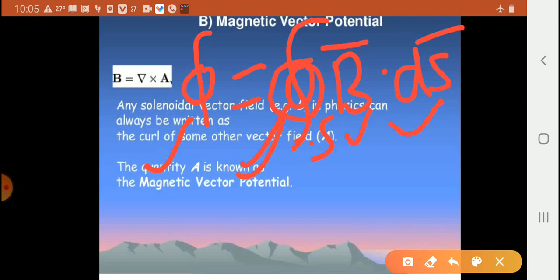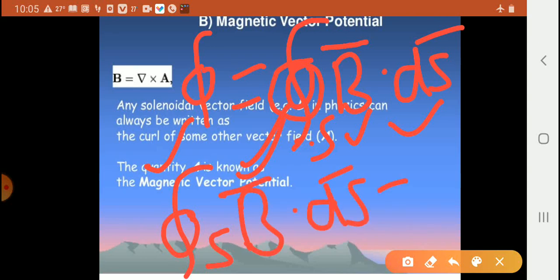Thus the closed surface integral of B vector dot ds equal to 0. This is Gauss's law in integral form.